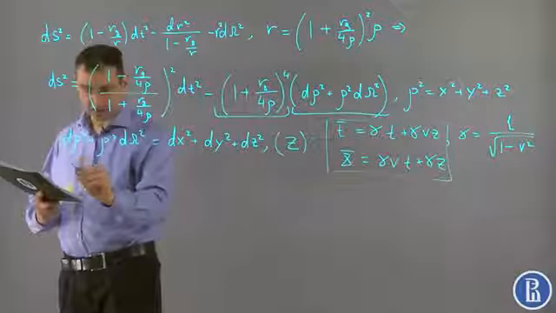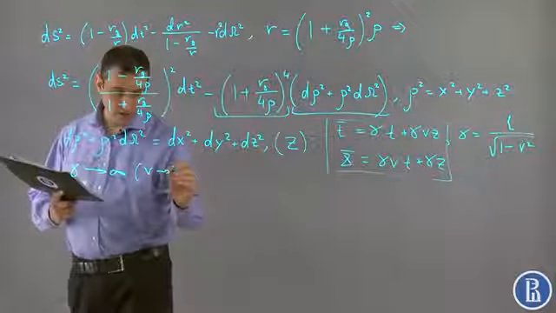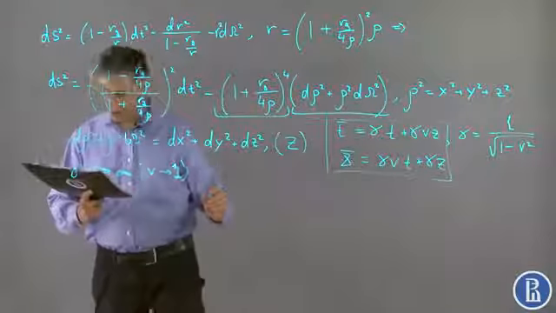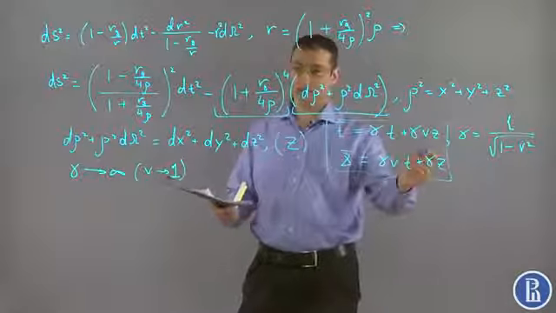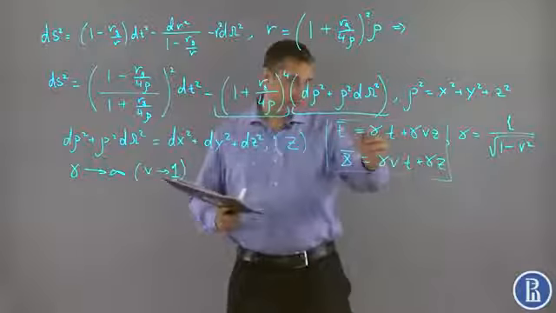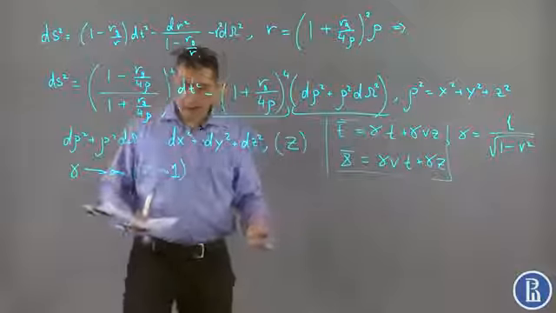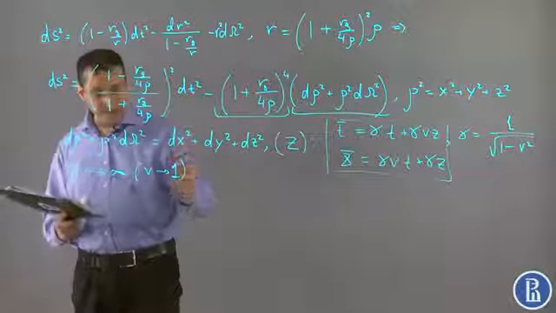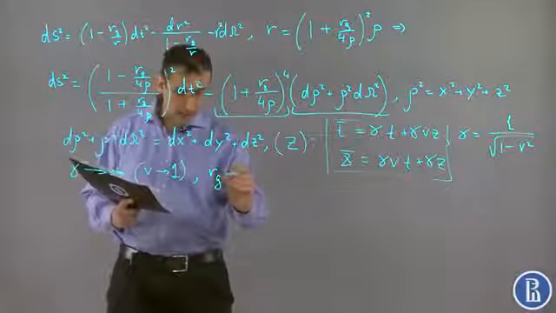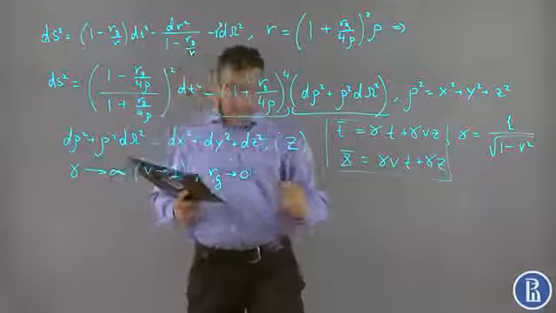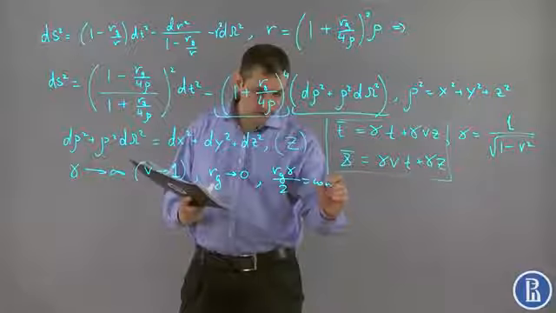But then we want to take the following limit. We want to take gamma to infinity, so v to 1, so take the velocity to the speed of light. The result of this transformation is, of course, a black hole which moves with velocity v. So this was a black hole at rest. After this transformation, we obtain a black hole which moves along the z direction with velocity v. Now we want to take this black hole moving with the speed of light. So we take this limit such that the mass of the black hole goes to 0, but r_g times gamma over 2 is a fixed constant.